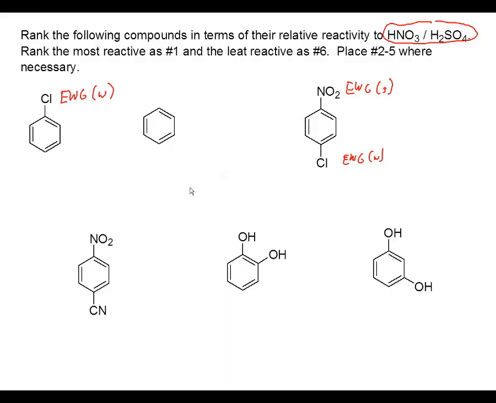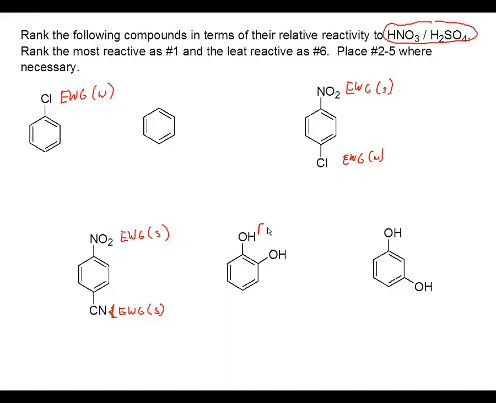Benzene, of course, is unactivated. It's the standard by which all the others are set. This has got a strongly electron withdrawing group, and this one also has a strongly electron withdrawing group.